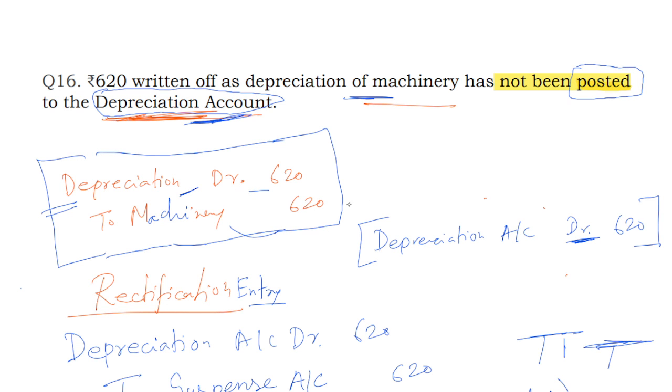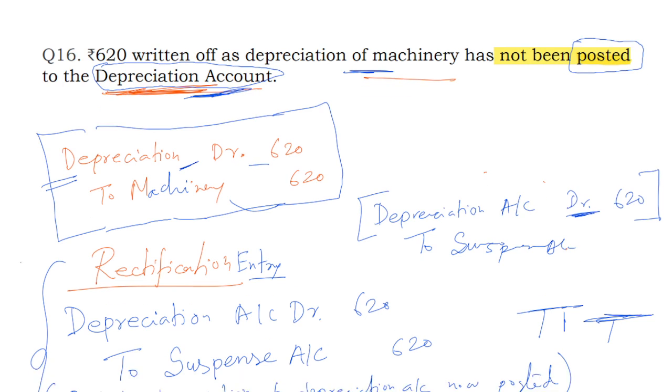In that case, to make up the situation, one temporary account is opened, that is called suspense account. After that this entry is passed: depreciation debit to suspense account. This is the summary of this question.